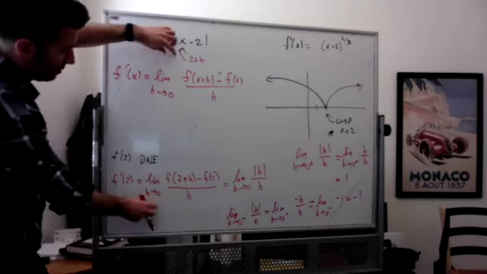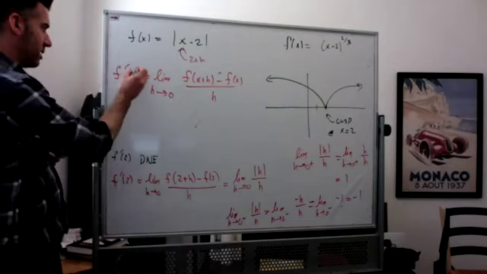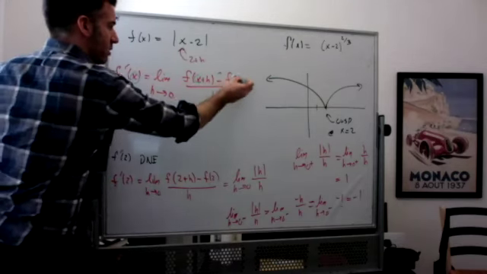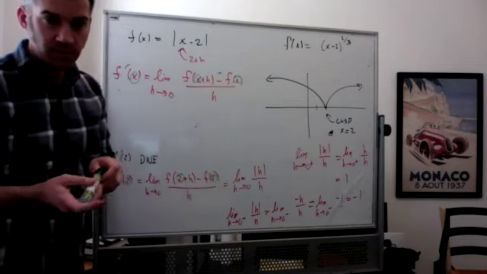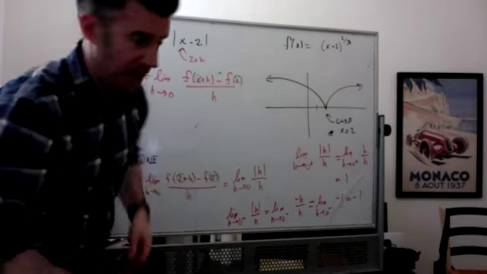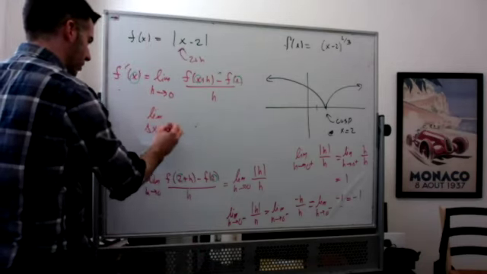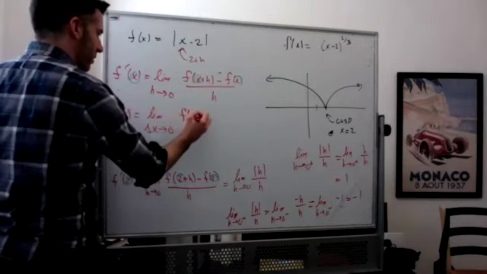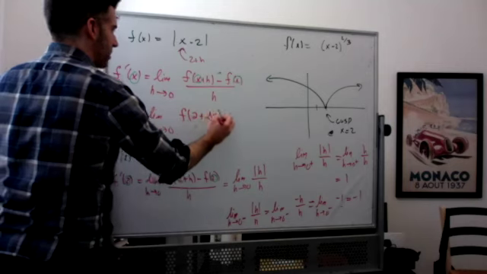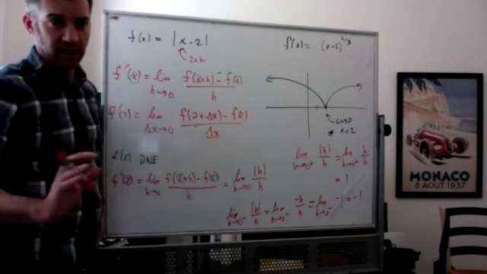But everything's the same, except I've replaced the x's with 2's. But I could have written it, Gabriella, as the limit as delta x goes to 0, if I wanted to do f prime of 2, of f of 2 plus delta x minus f of 2. I'm just using h instead of delta x, but it's still the same sort of thing.